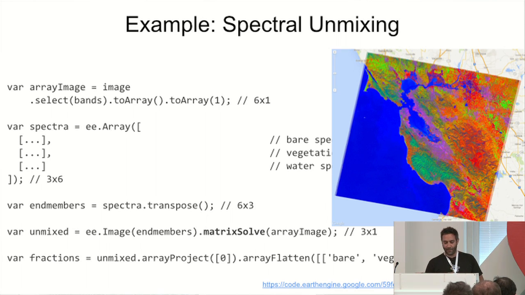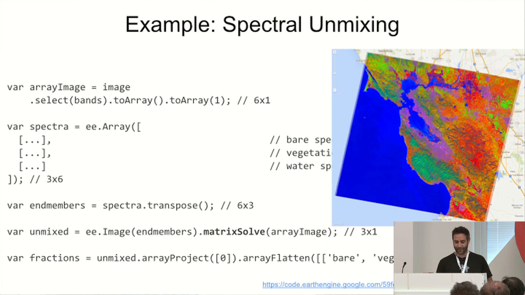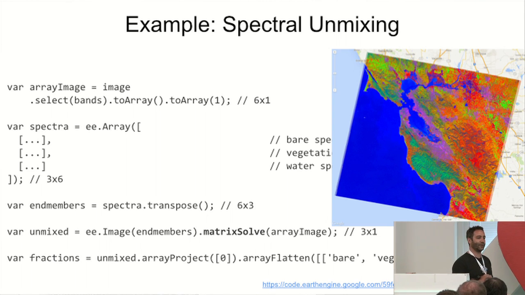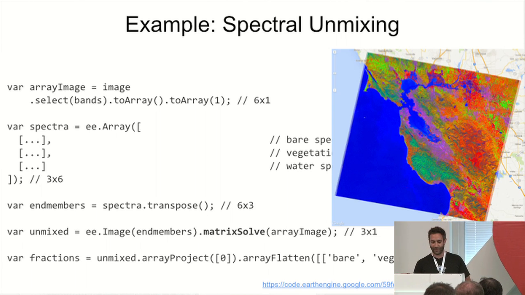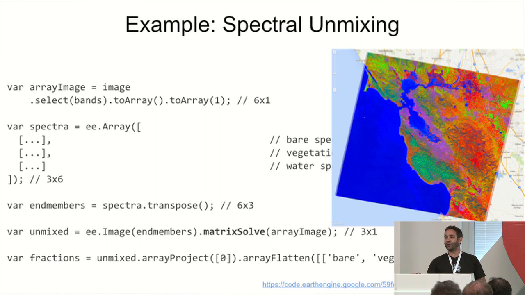And now we are going to take our end members and cast those into an image the same way we did with the tasseled cap coefficients. Cast those into an image and call .matrixSolve with the array image as the argument. And if this line looks mysterious, I encourage you to look in the docs, because in the docs you will find a little equation that looks strikingly similar to this one.